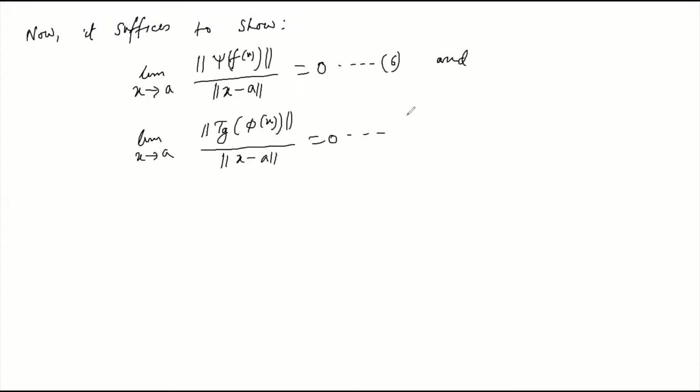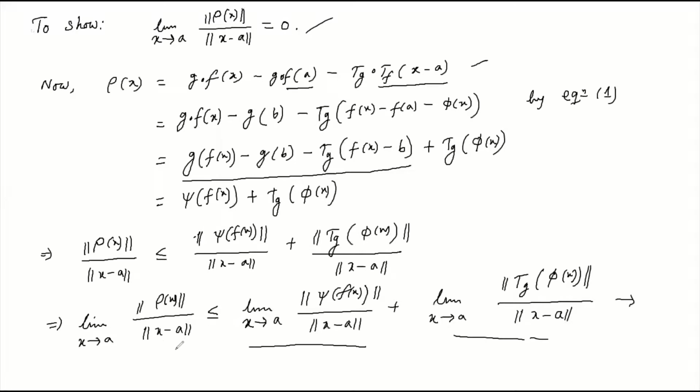So if we can show equations 6 and 7 hold true, then that will imply limit x tends to a, norm of rho of x over norm of x minus a is equal to 0. So that is what we want to show.